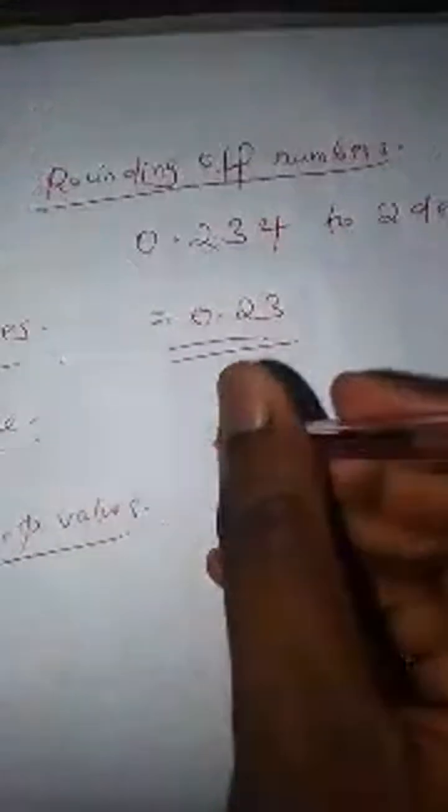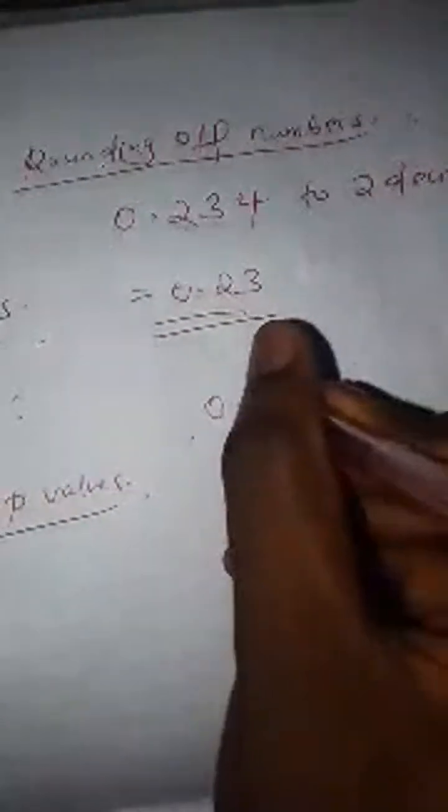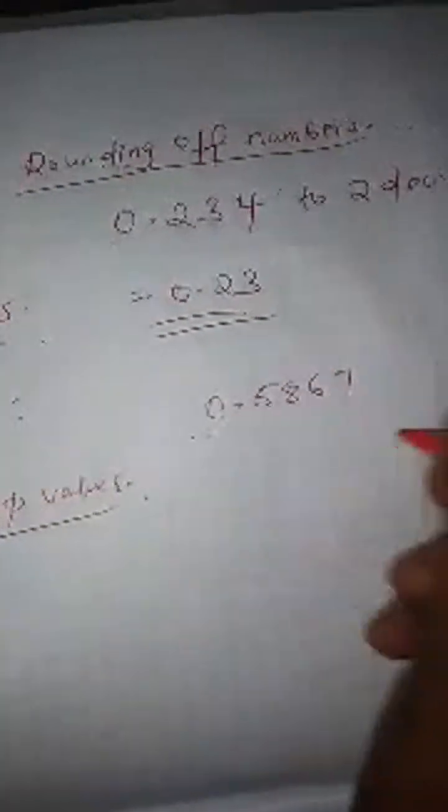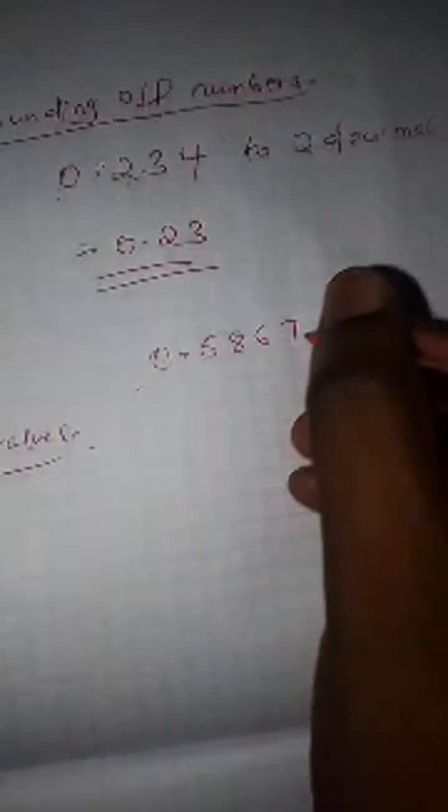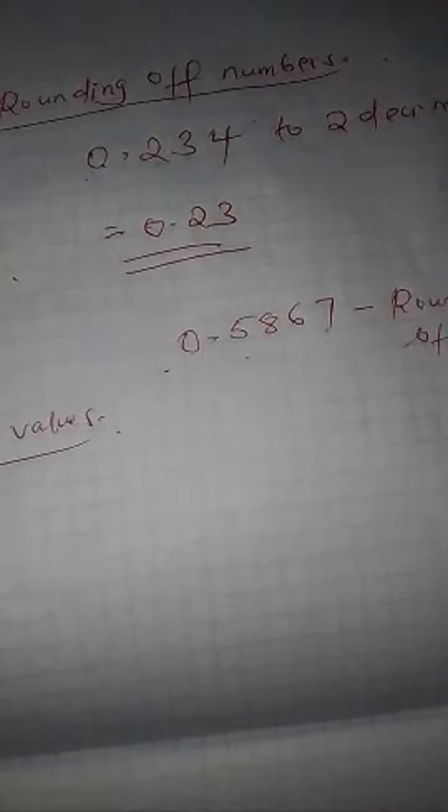Okay, let's check another example. I have a number like 0.5867. You are asked to round off this number to 3 decimal places. Now, how many decimal places does this number have? Someone to type there and tell us. We are interacting through learning.